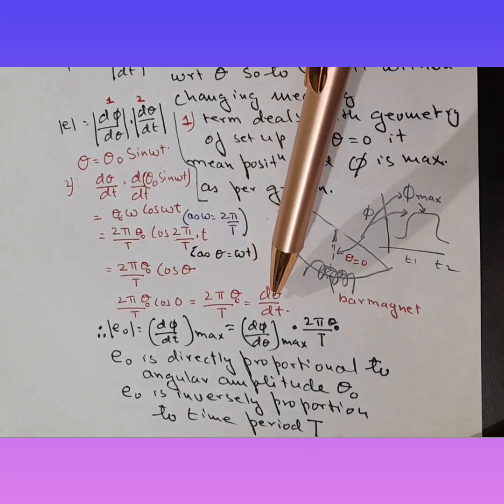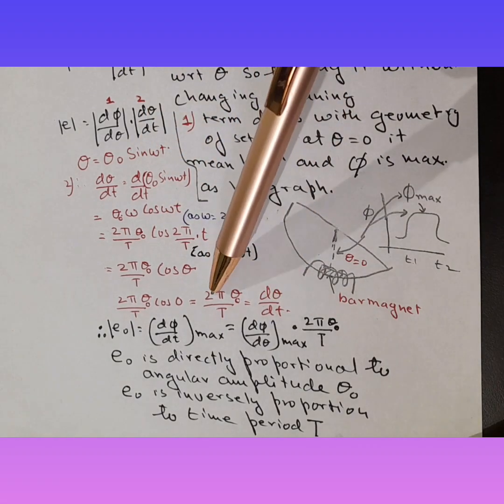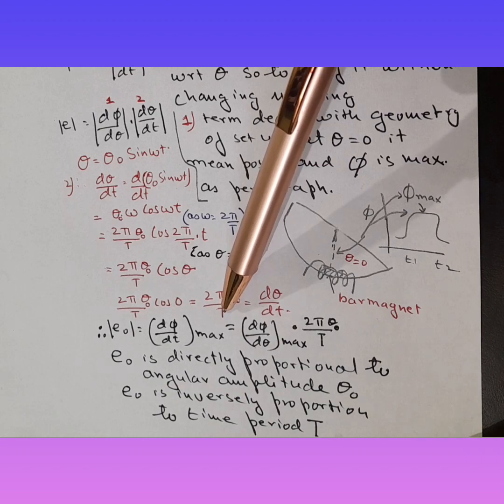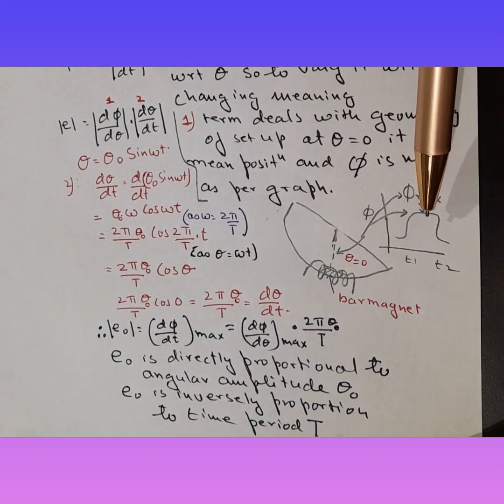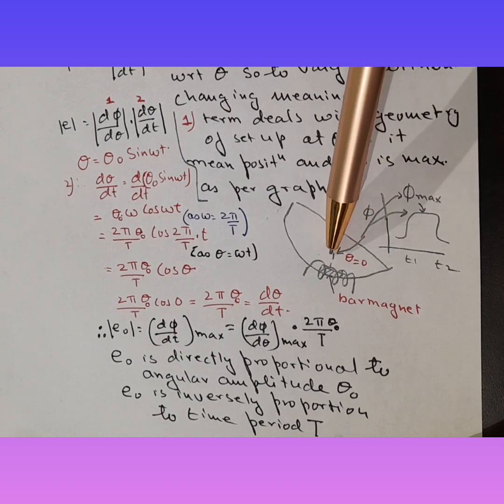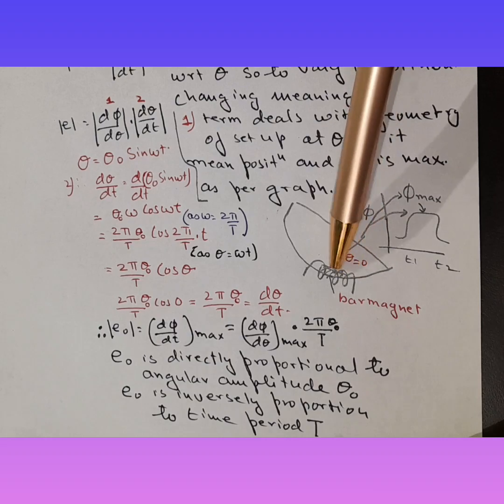Alright, so d theta by dt would have maximum value 2 pi theta 0 upon t when theta is equal to 0. Alright, theta is equal to 0 at mean position, that is when the magnet is inside the coil.